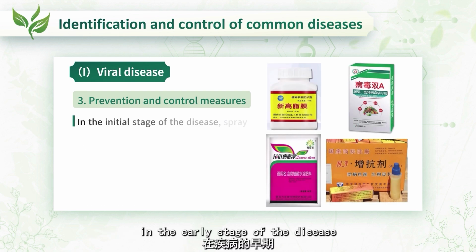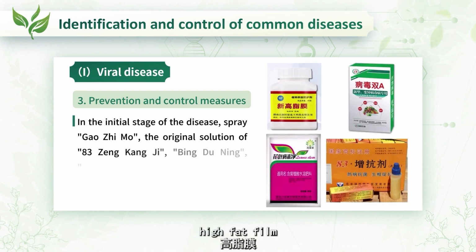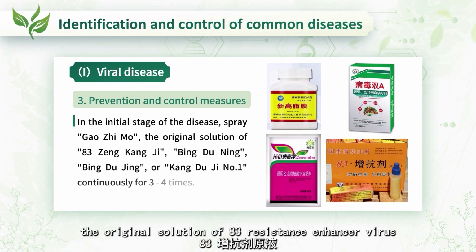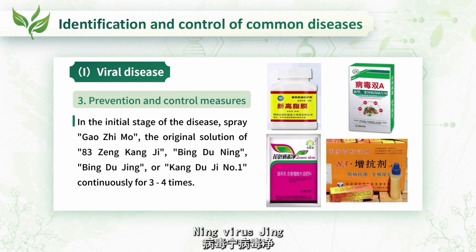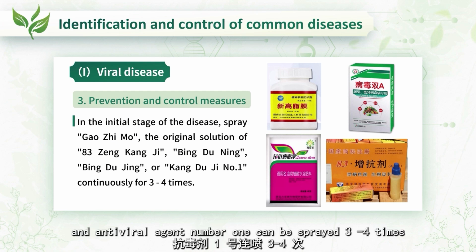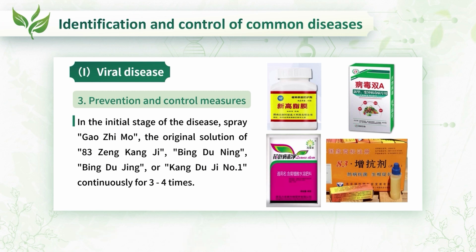In the early stage of the disease, high-fat film, the original solution of 83 resistance enhancer, Virus Ning, Virus Jing, and antiviral agent No. 1 can be sprayed 3-4 times.